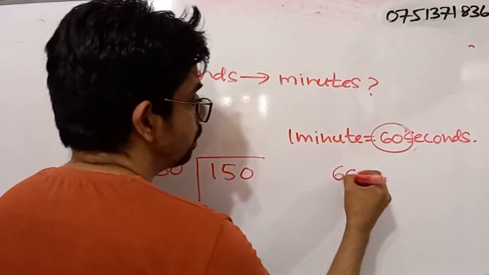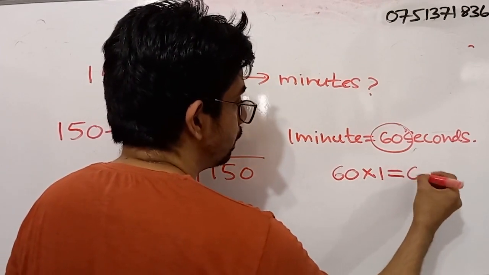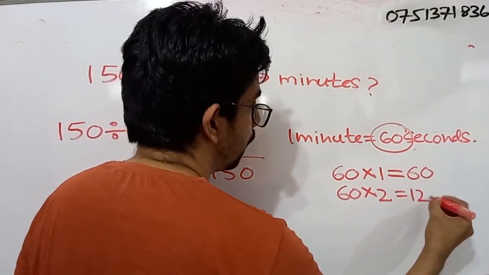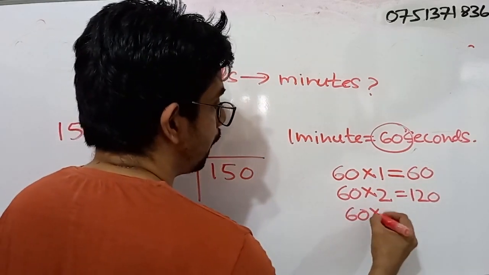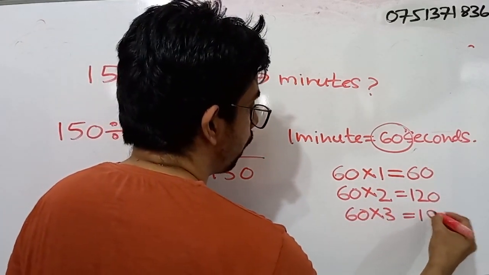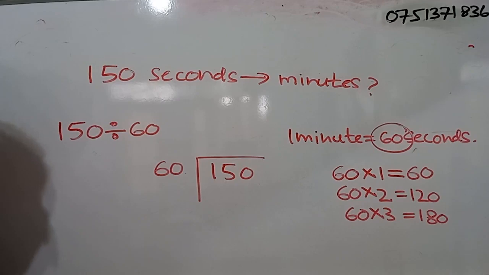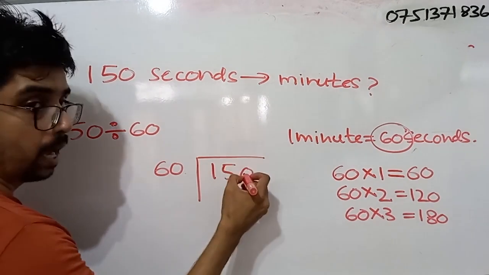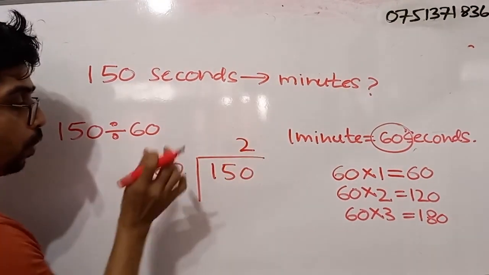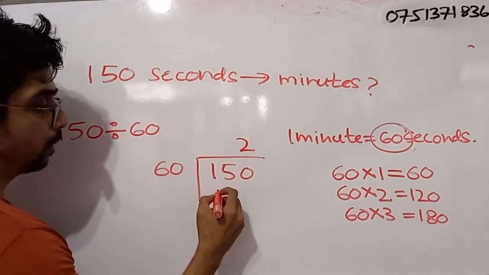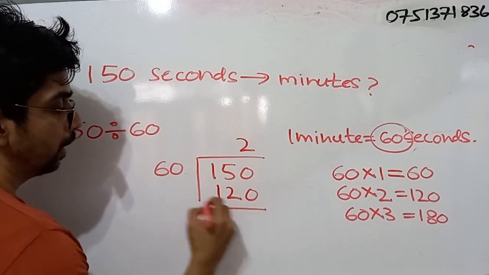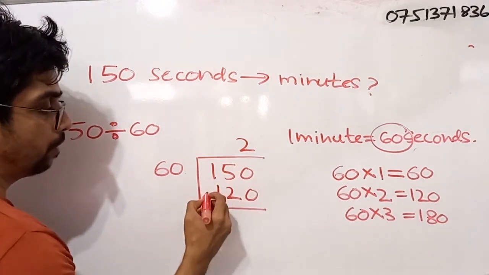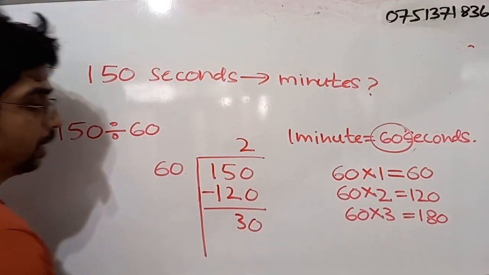We know 60 times 1, that is 60. 60 times 2, that is 120. 60 times 3, that is 180. So we can go up to 60 times 2. So we write 2 above the 0. So 60 times 2, that is what? 120. Now what do we have to do? We have to subtract 120 from 150. So we get 30.